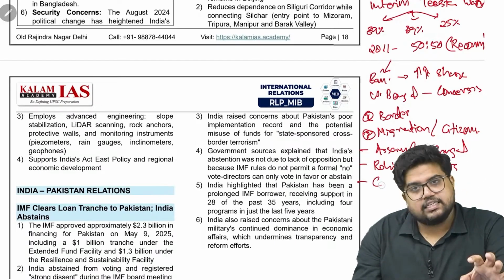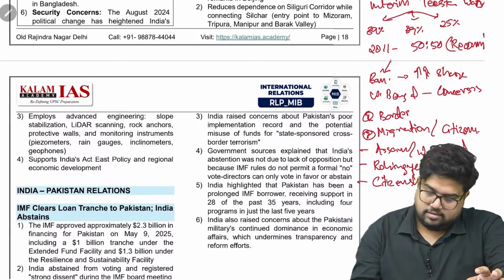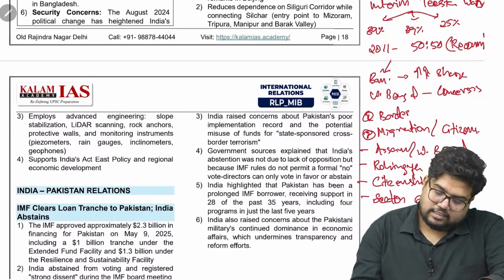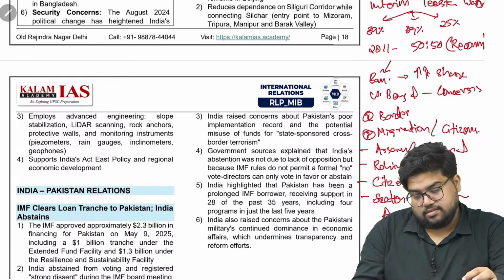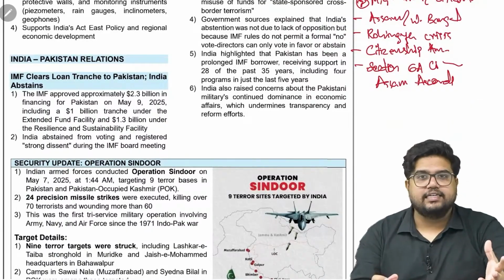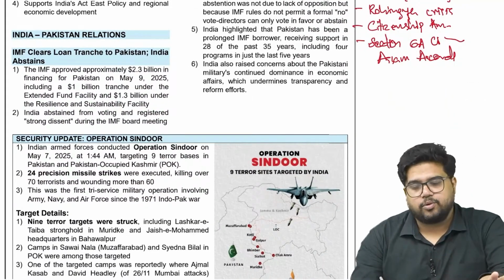We have conflicts regarding the Citizenship Amendment Act. We have issues regarding Section 6A of the Citizenship Act, which is related to the Assam Accord. So these are migration related issues with Bangladesh. Illegal migrants in India, that is the major problem.